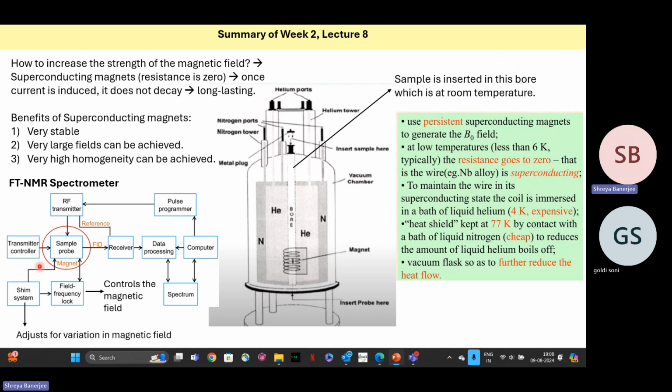So the magnetic field is interacting with the sample magnetic field, and it is giving rise to the NMR FID. The FID is received by the receiver, and then it undergoes a lot of data processing in order to get the NMR spectra that we know.